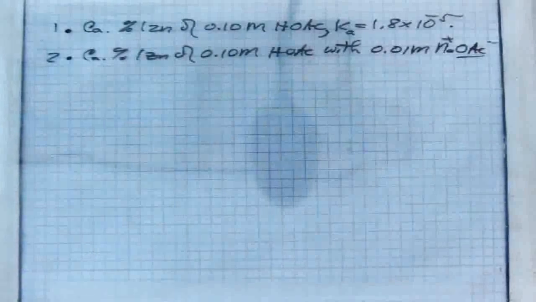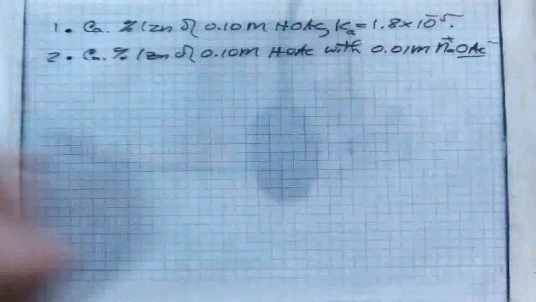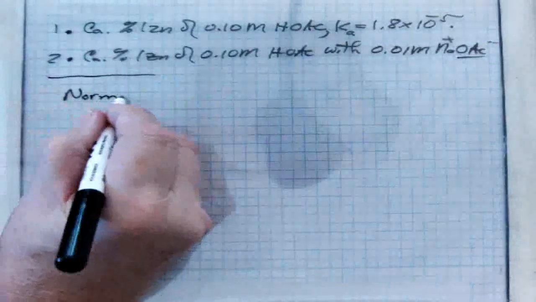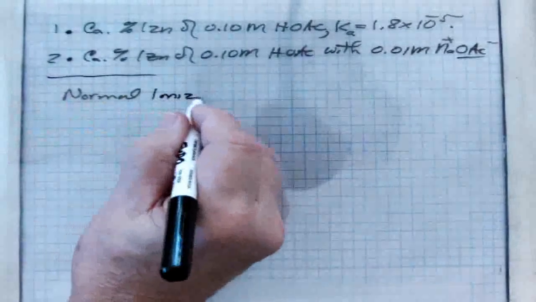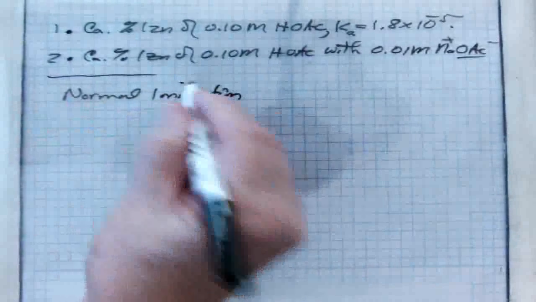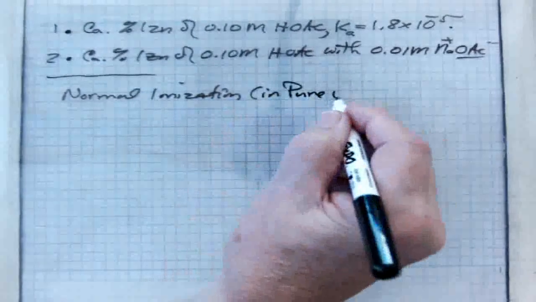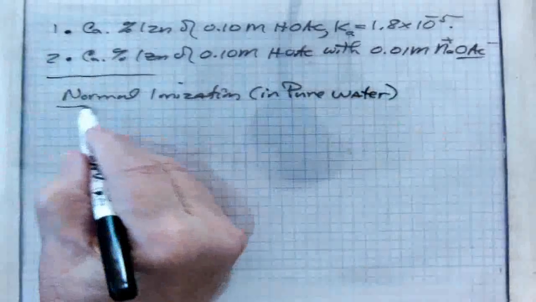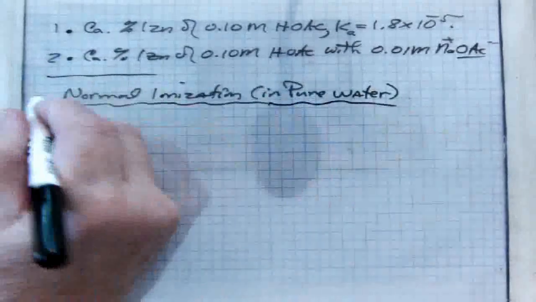So if we had given a 0.10 molar acetic acid and Ka equals 1.8 times 10 to the minus 5, then we know the hydronium ion will come out of that 0.1 molar, right? HOAc will go to, of course, hydrogen and the acetate.